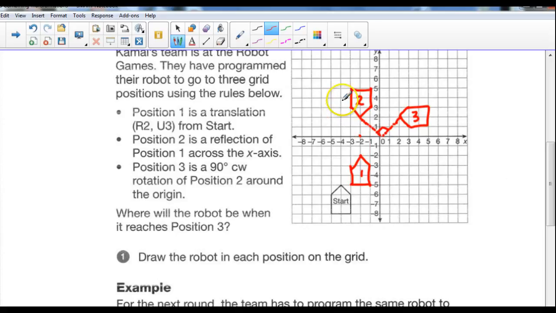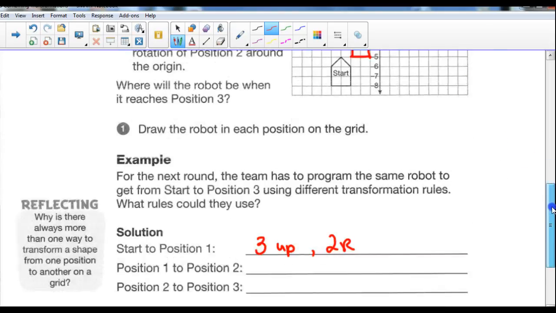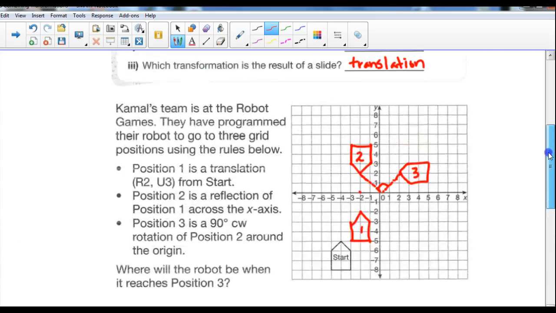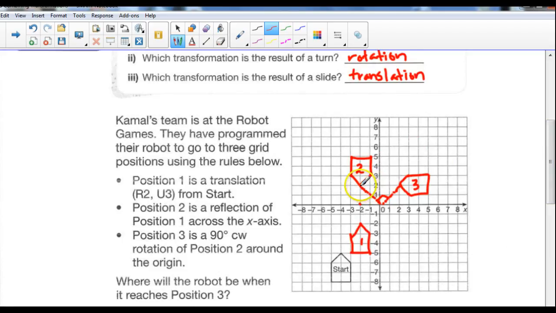And if we rotated it here, we could rotate it 180 degrees clockwise about that coordinate right there, negative 2 and 0. So we could rotate 180 degrees clockwise about, not the origin, but about the coordinate negative 2 and 0. And that would put us into this position right here.